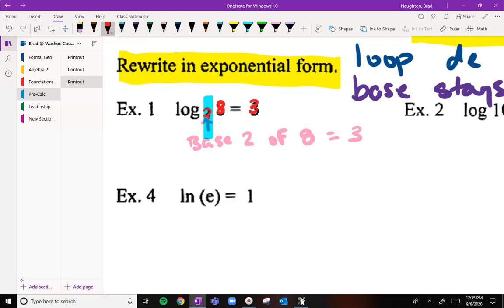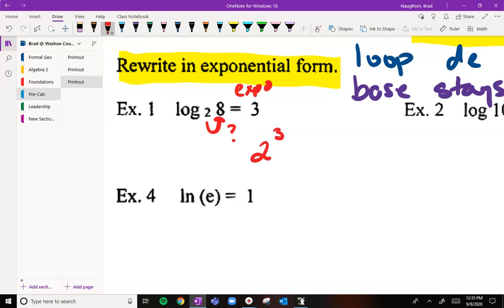So I like to think of it, if I could erase this just for a moment, as: how do I go using exponents from 2 to 8? So this is not times 4. This is not plus 6. This is obviously using exponents. So how do I go from 2 to 8? And we'll use this concept many times throughout our video today. 3. So 2 to the 3 is equal to 8.